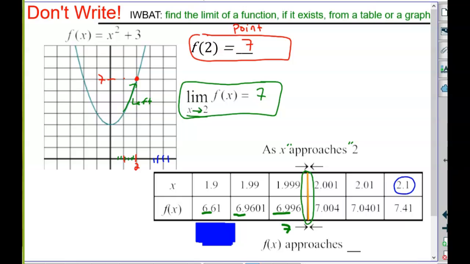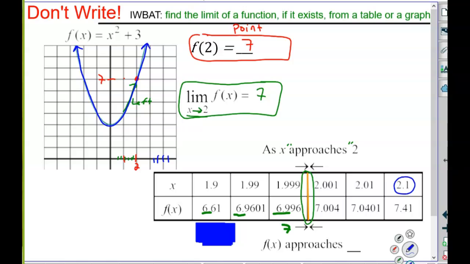Now, I know what you're thinking. Can't I just plug 2 in? I don't need a graph. I don't need a table. Can't I just plug 2 into the equation and get my answer? That's yes, if the function is continuous. Now, we're not going to get into this whole idea of continuity, but notice, if I want to draw a continuous function, that means I don't pick up my pencil.